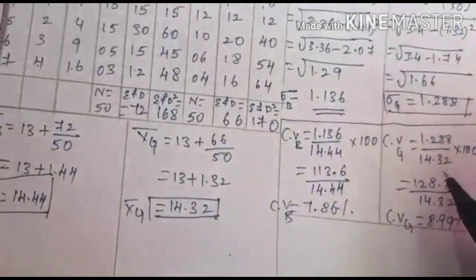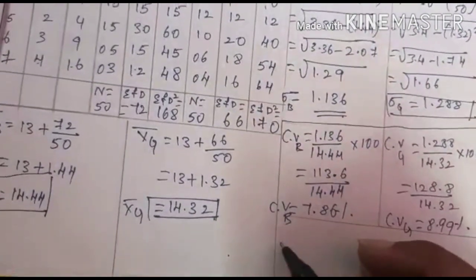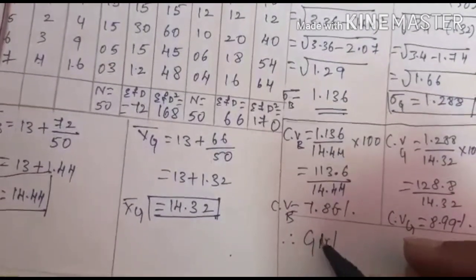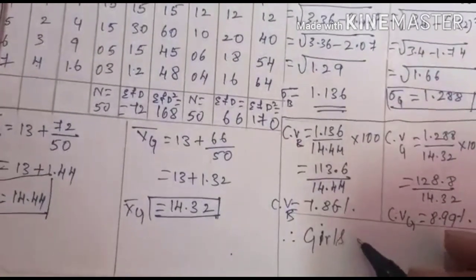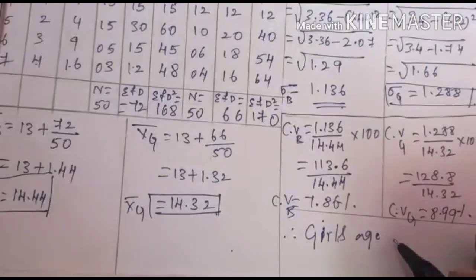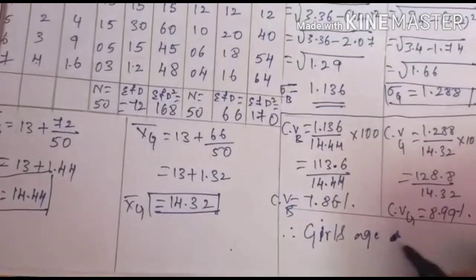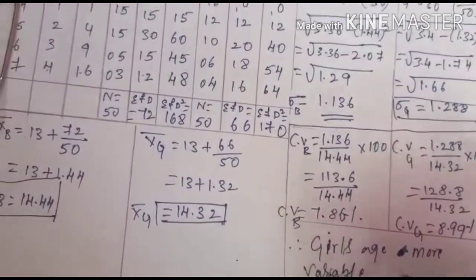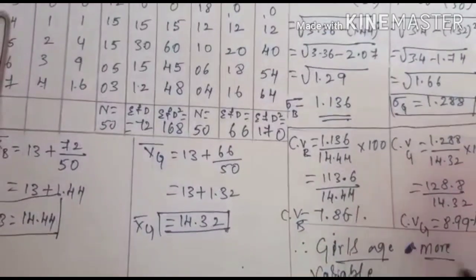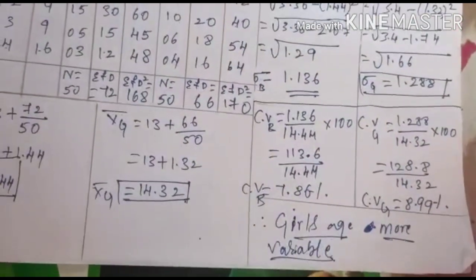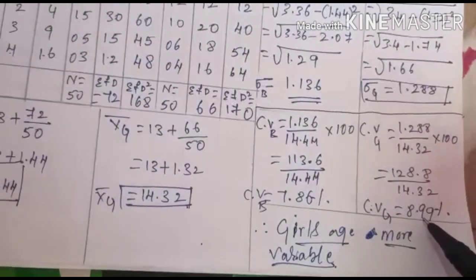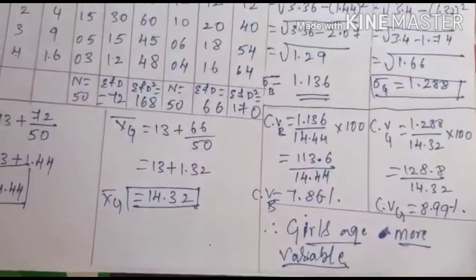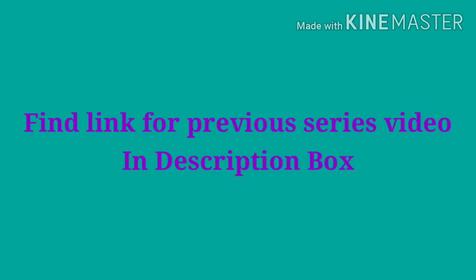The CV value of girls is more, therefore girls' age is more variable. Girls' age is more variable because the CV value of girls is more than the CV value of boys. Thank you.